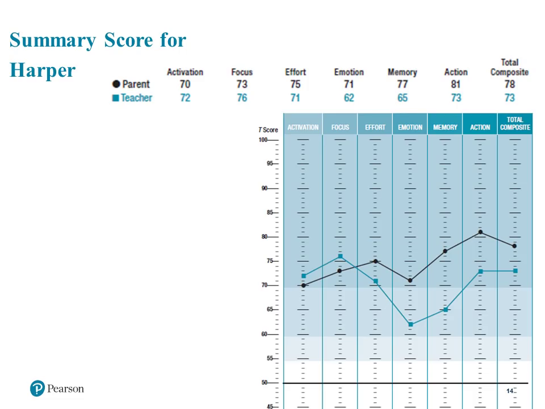So when we're looking at this, the first thing we want to do is just take a look at how the total scores looked. And this composite score here, and these are all T-scores, the 78 and the 73 that the teacher's reporting, both of those are in the markedly atypical range.